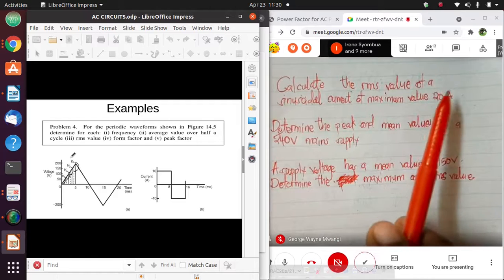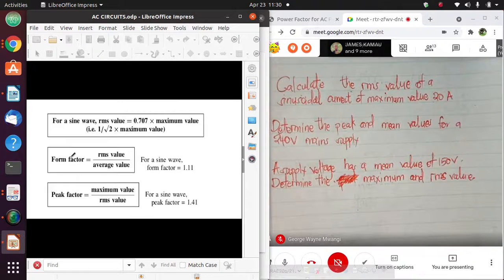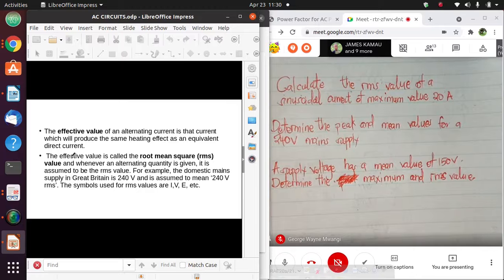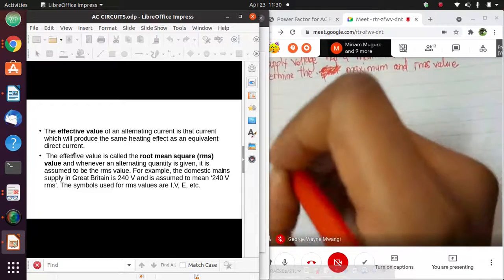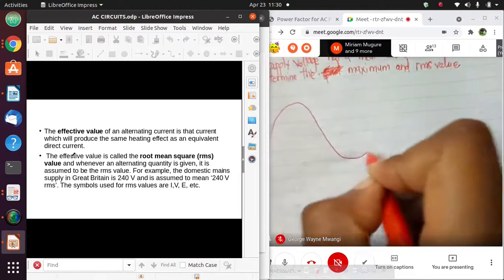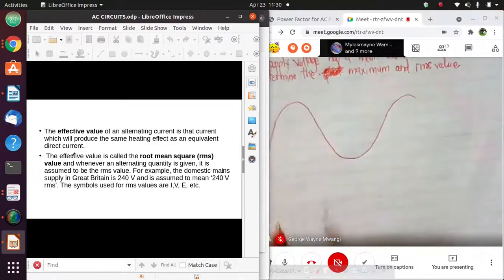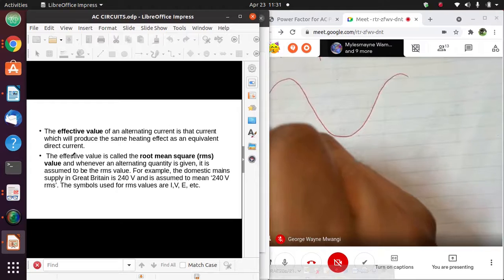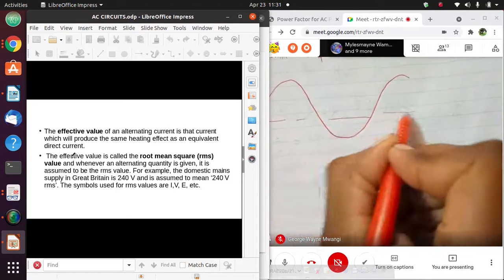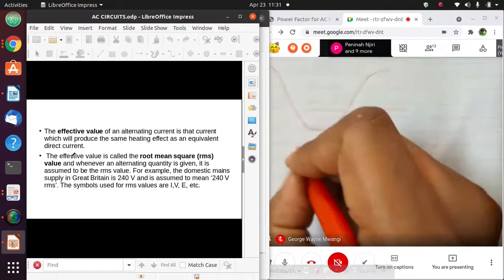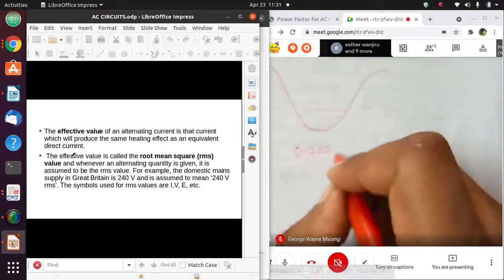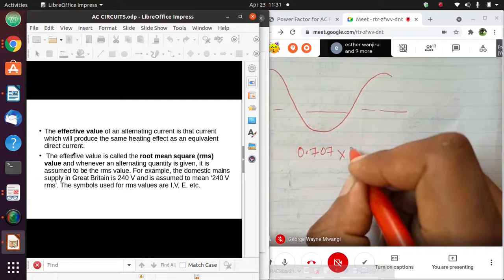20 amperes. Remember, when we were talking about RMS value, we said that if you are finding the RMS value of a sinusoidal wave, let's say that is our wave, the formula is 0.707 times the maximum.